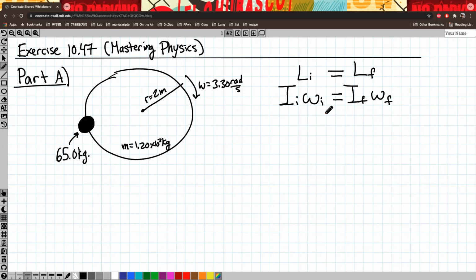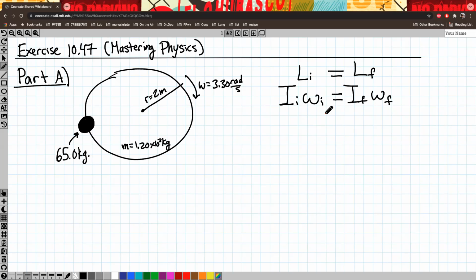So we have initial omega, and the question's asking for final, right? Yes. So I guess the only thing we need to do is calculate the initial and final moment of inertia.